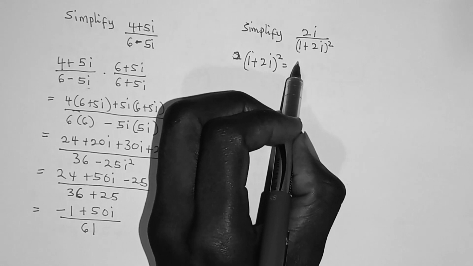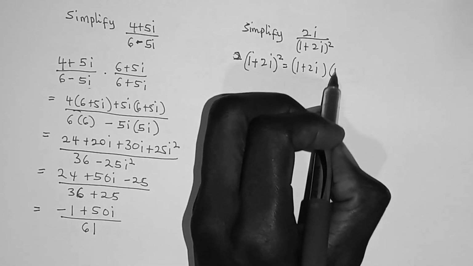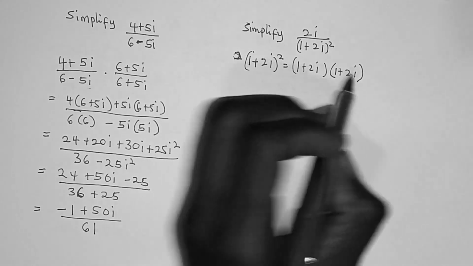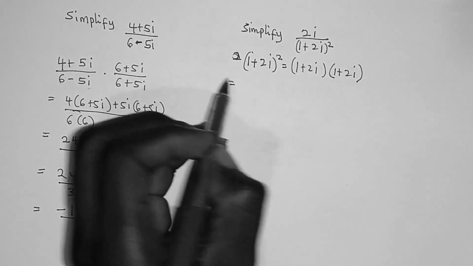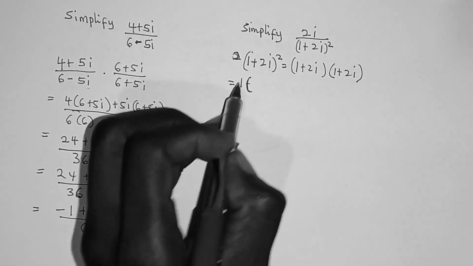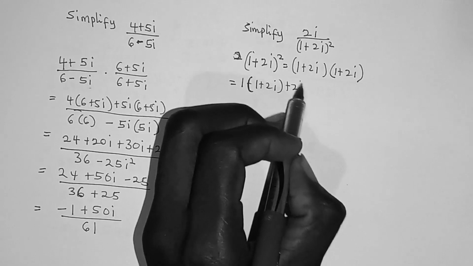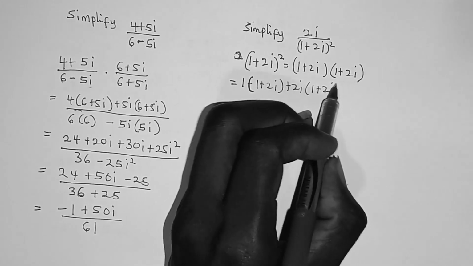This is equal to 1 plus 2i, then times 1 plus 2i. And this is equal to 1 times 1 plus 2i, and plus 2i times 1 plus 2i.